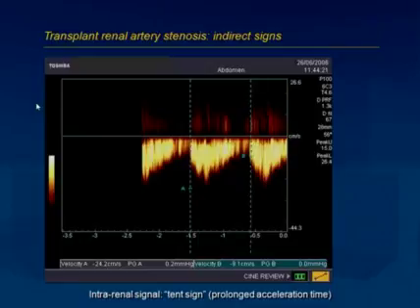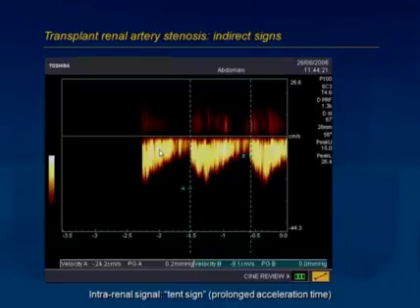Moving on to indirect signs, we've discussed the direct signs, that is to demonstrate increased velocity within the stenosis in the transplant renal artery. Indirect signs pertain to signs that can be obtained within the transplant beyond the stenosis, and this is the classical sign called the tent sign.